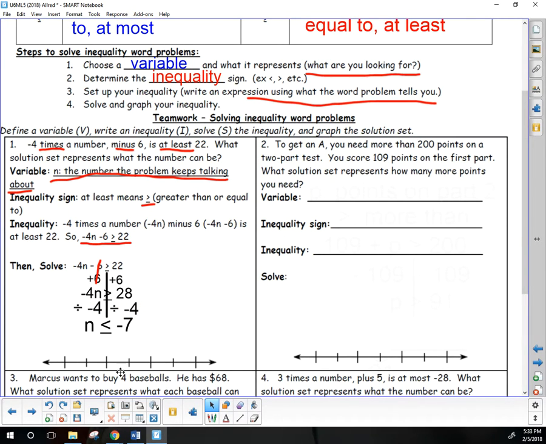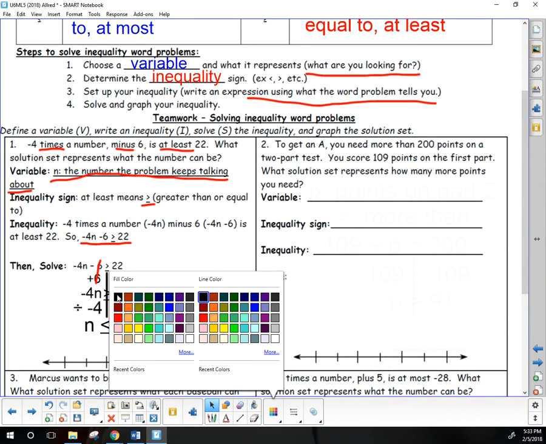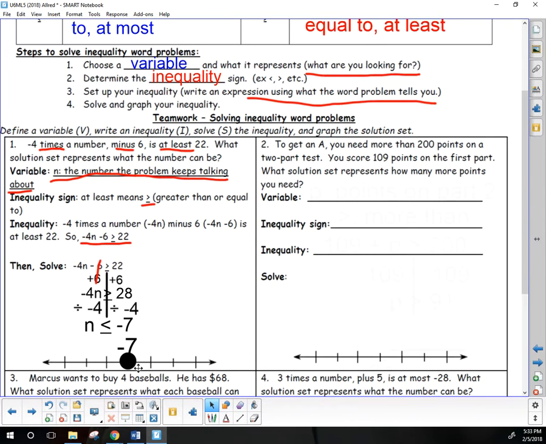I'm going to put -7 on my number line right around here, and then I'm going to put a closed circle. I'll fill it in. And then since it's less than or equal to, I'm going to draw my arrow to the left. So that is n is less than or equal to -7.